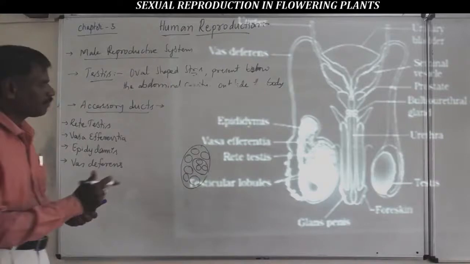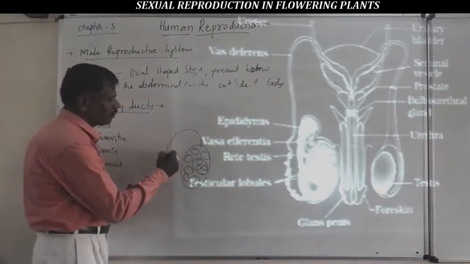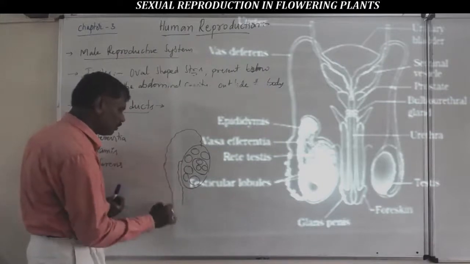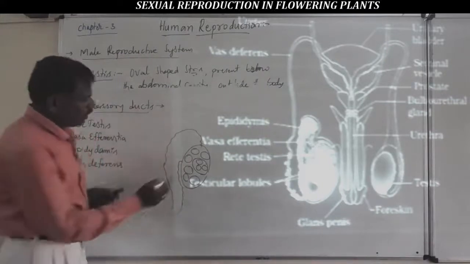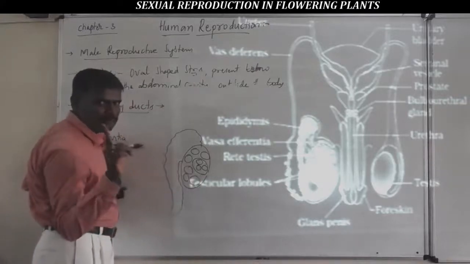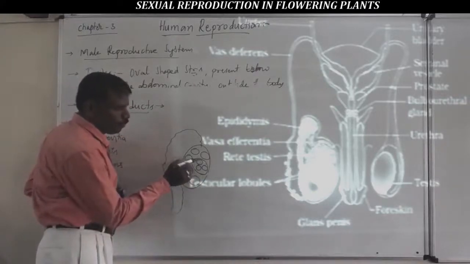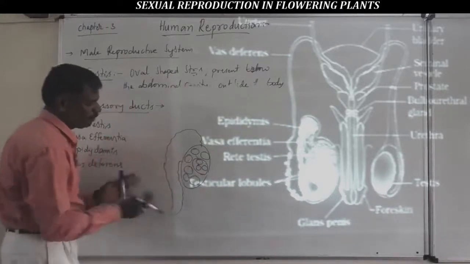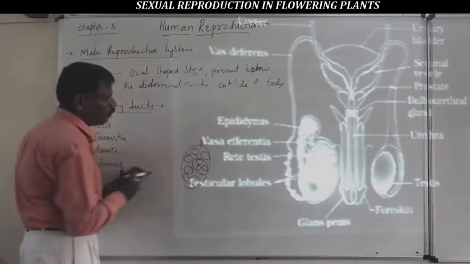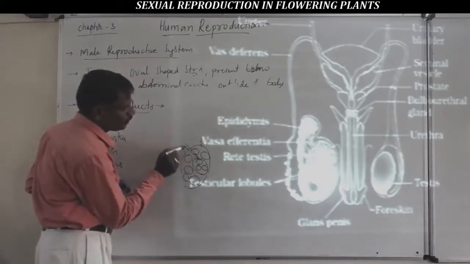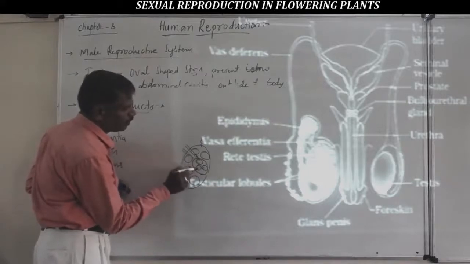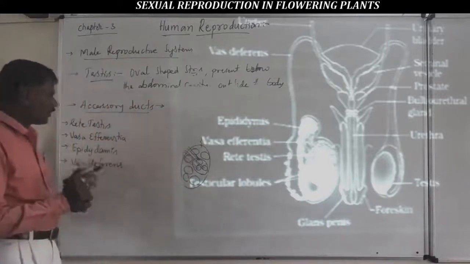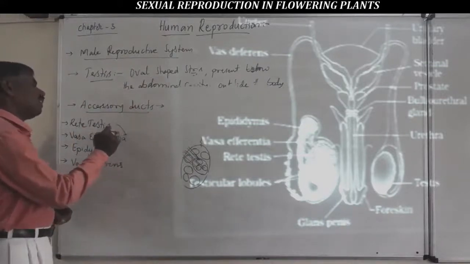See here, a set of tubes originates from the seminiferous tubules to the vasa efferentia.